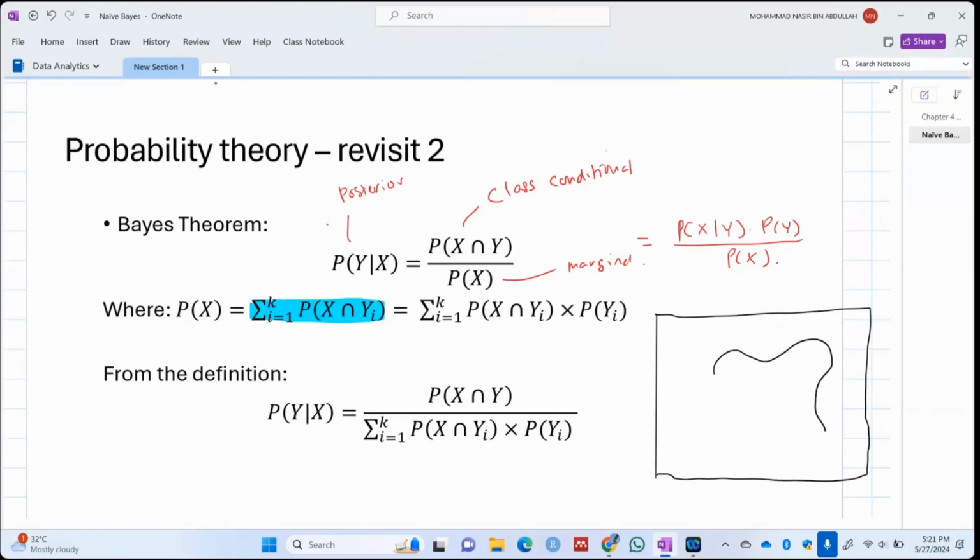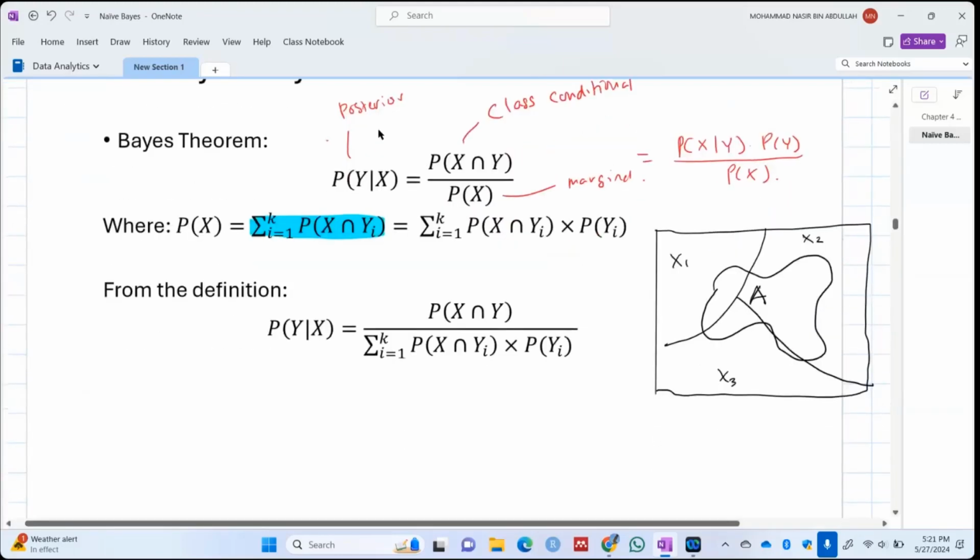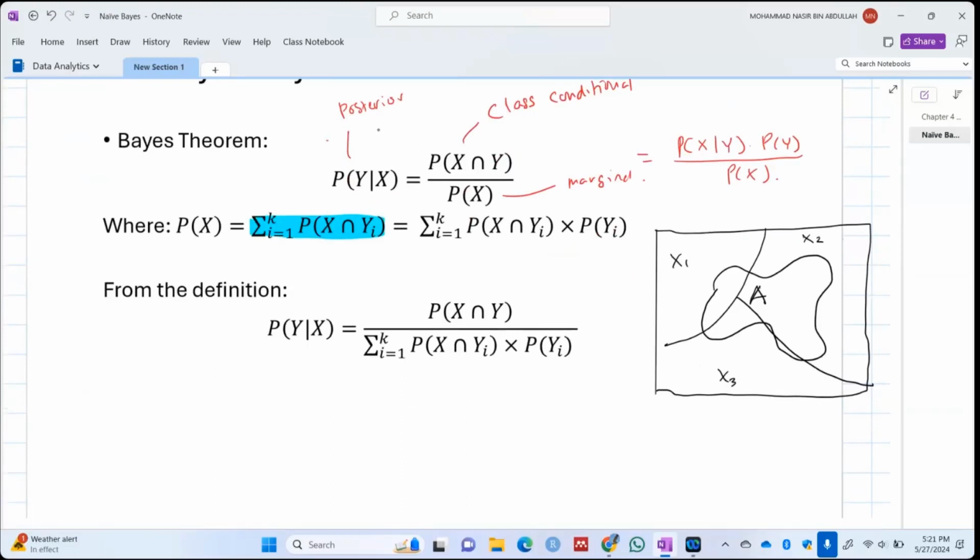So where we have a lake here, this is Lake A, and this lake is shared by 3 main districts. So let's say this is District 1, District 2, and District 3. So if you want to calculate A from this diagram, how are you going to do that? You're going to add all the intersections.